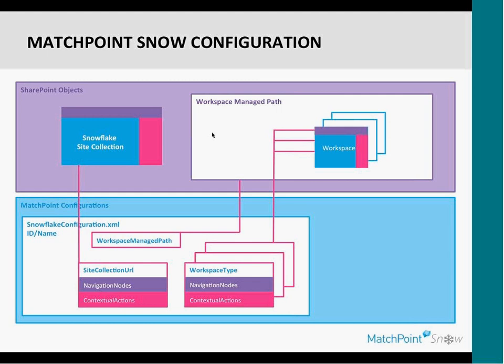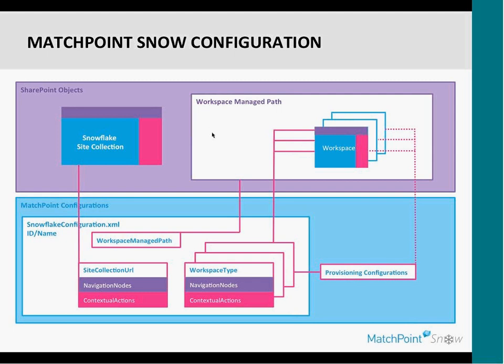And of course, when you're configuring either MatchPoint Snow or a Snowflake, you can also add additional workspace types. One thing that's important is that beneath every workspace type, you have a provisioning configuration file that defines the layout and structure of the workspace itself. And this provisioning configuration is again a standard MatchPoint configuration file, and therefore you can do everything that you can do with the standard MatchPoint installation.